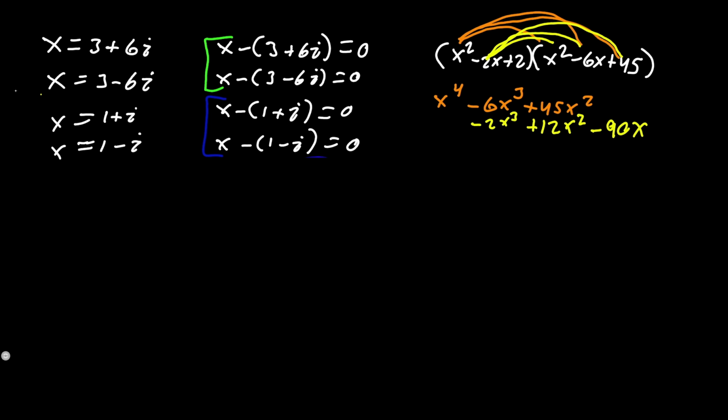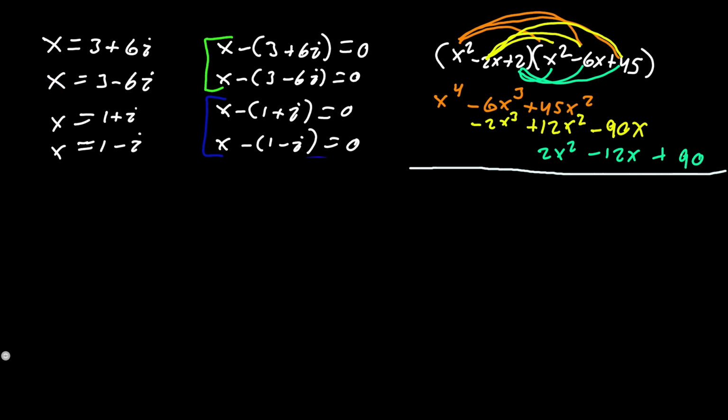And now what we will do is multiply the constant with everything else. So it's 2 times x squared, and 2 times negative 6x, and 2 times 45, giving us 2x squared minus 12x plus 90. So now what we have to do is add everything from top to bottom.